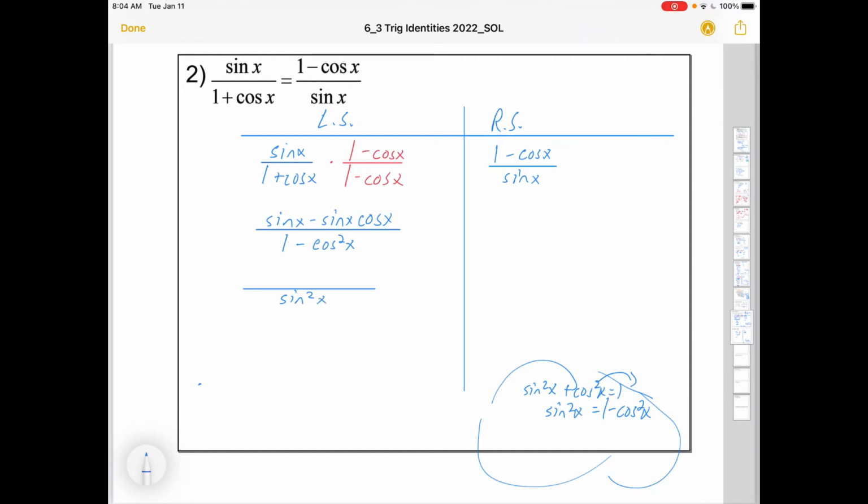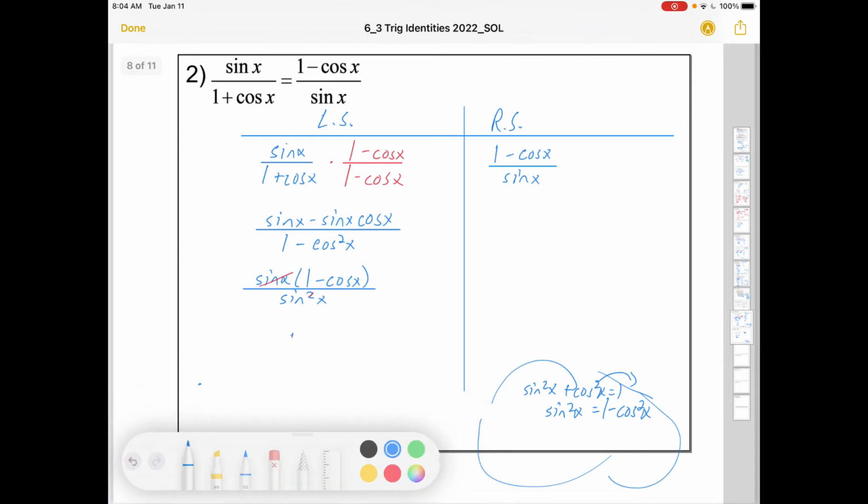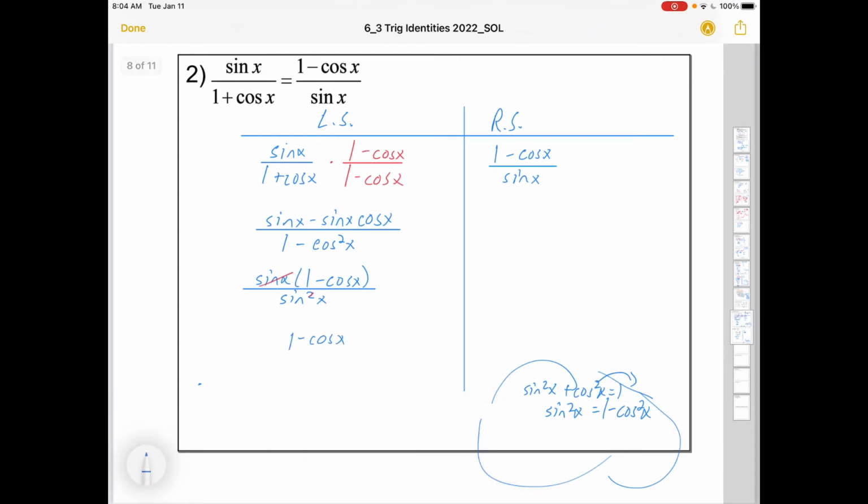And on top, I could factor it. And maybe, to begin with, you didn't actually multiply it out. Maybe you left it like this. At this point, you can see these divide out. What are we left with? 1 minus cos x all over sine x. Left side equals the right side, which is what we wanted to demonstrate.